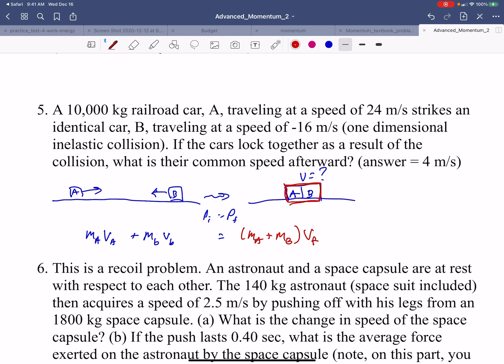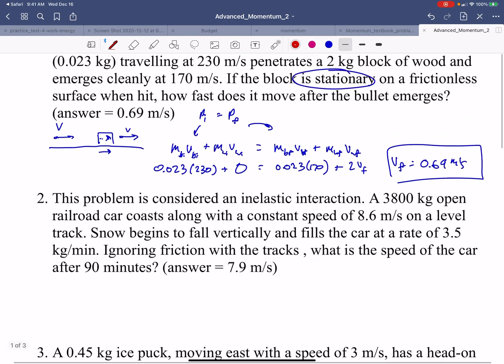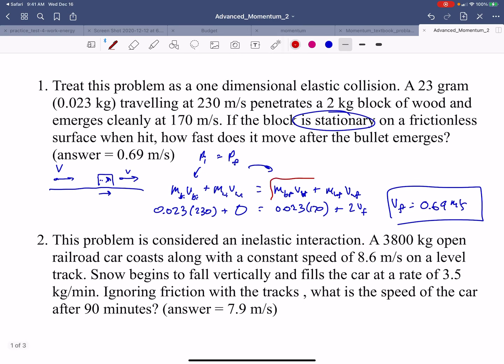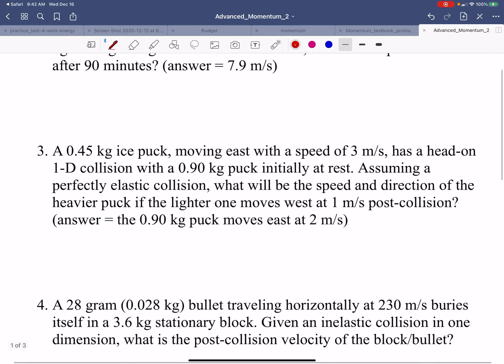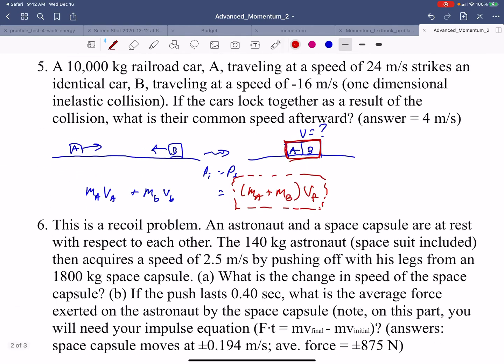This idea right here is what separates elastic collision equations from inelastic collision equations. In the elastic case, we kept them as two separate objects, and they could obviously have two separate velocities. Here, they're going to function as one. Okay, so again, now this just becomes a straight calculation question.